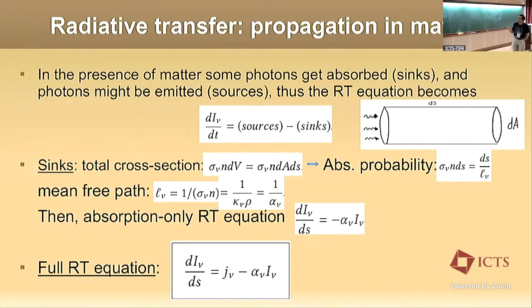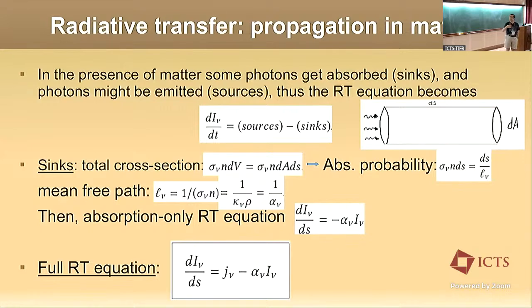So if you use the last case, because it's the simplest, you can write the radiative transfer equation with only absorption as alpha times I nu. Why is it times I nu? Because alpha gives you a chance to absorb something, but then you need to multiply by the total intensity, because the more photons there are, the more photons will be absorbed, obviously.